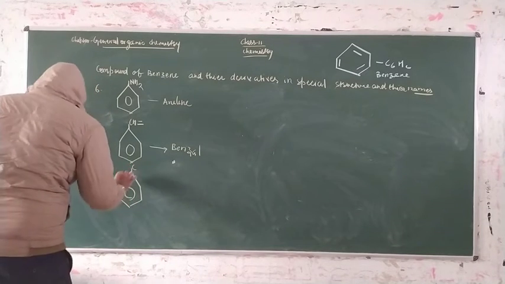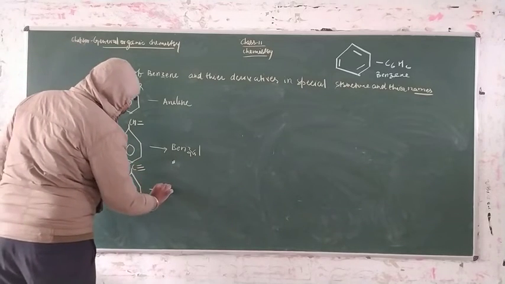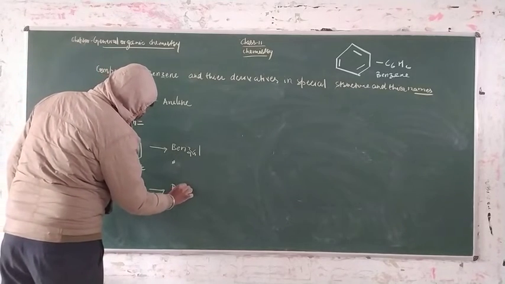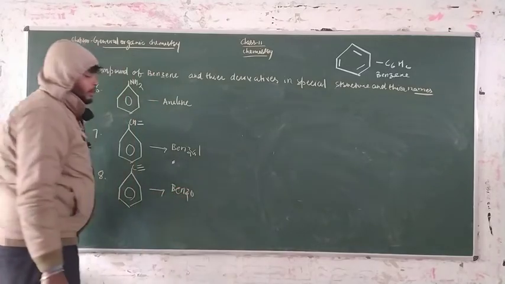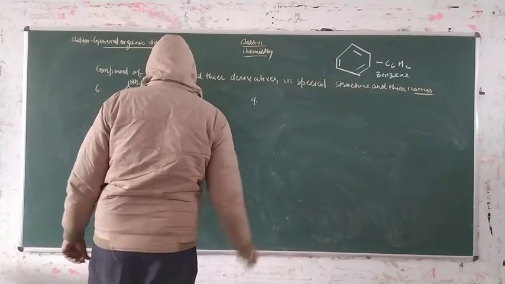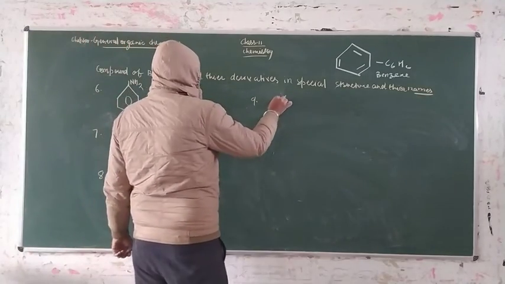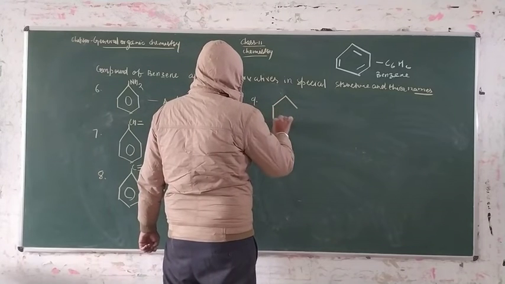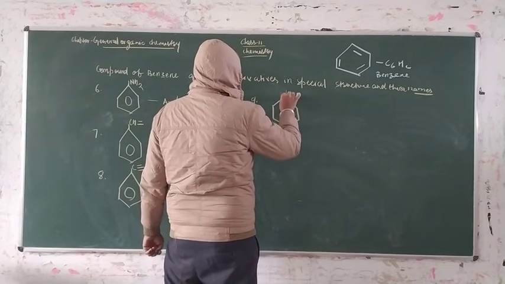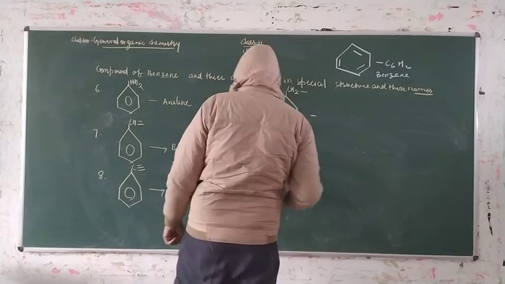The eighth configuration: when one carbon is attached to benzene with a triple bond, this is called benzo. This is called benzo. The ninth benzene structure: when benzene is combined with CH2 only, this is benzyl.